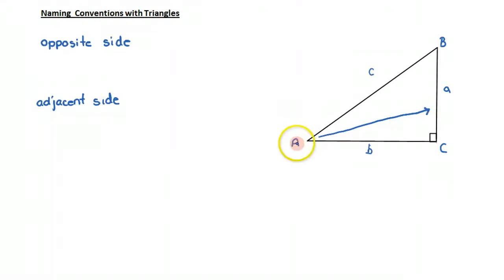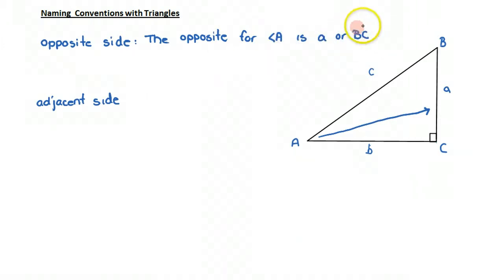So the opposite length for A would be small a. So we could say the opposite for angle A is small a, or we could say that as BC.